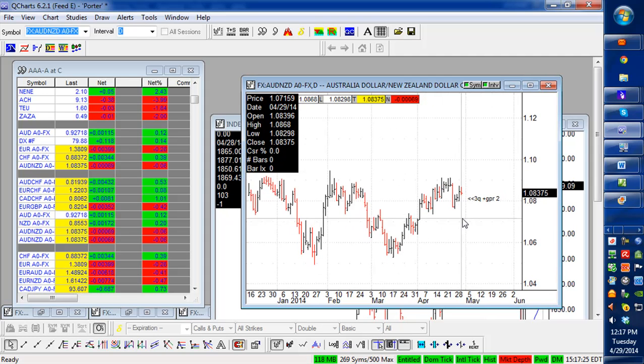We'll be able to see how well that does over time. So if I have to choose which one I'm going to invest in, I'm probably going to prefer the New Zealand dollar in this situation, on the long side.